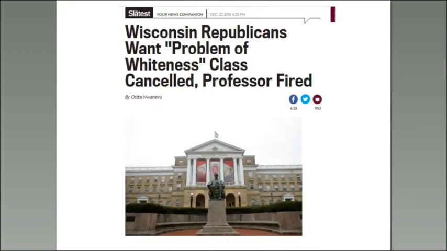And so the climate that we find ourselves in involves broadly legislative and gubernatorial attacks on individual faculty members, on course offerings, on governing boards, on tenure, on the institutional autonomy of colleges and universities.